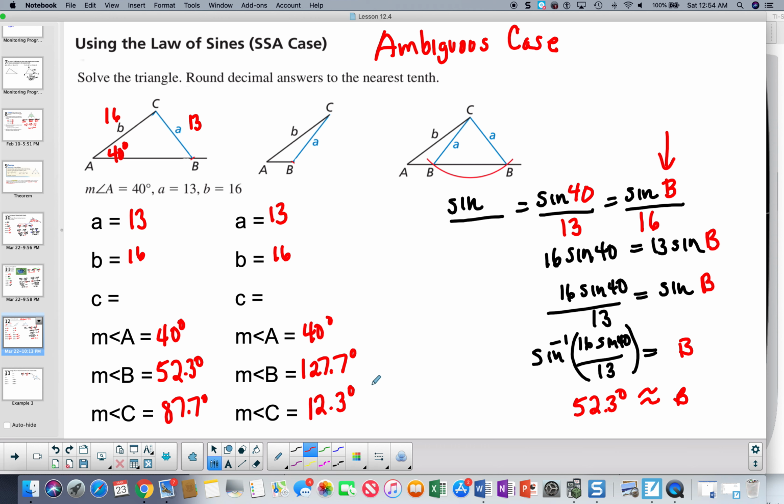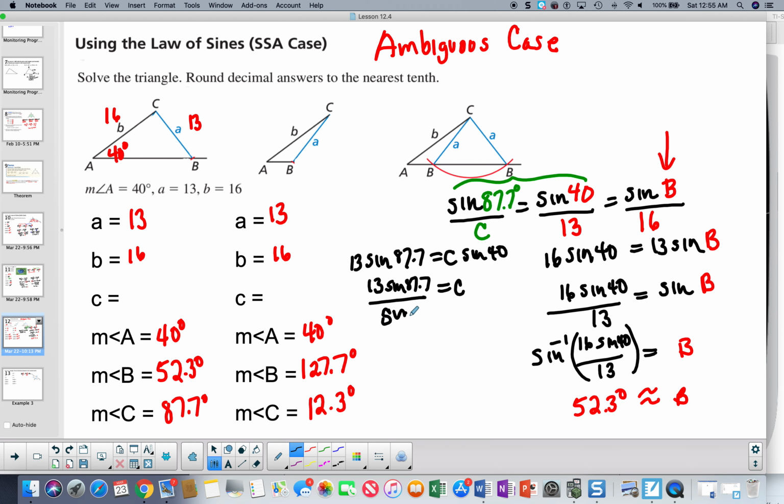So now that I know angle B, my angle C will be here, 87.7 degrees, and then I'm going to write it over C. So then this is going to be 13 sine of 87.7 equals C times the sine of 40. So C will be equal to 13 sine of 87.7 over sine of 40.